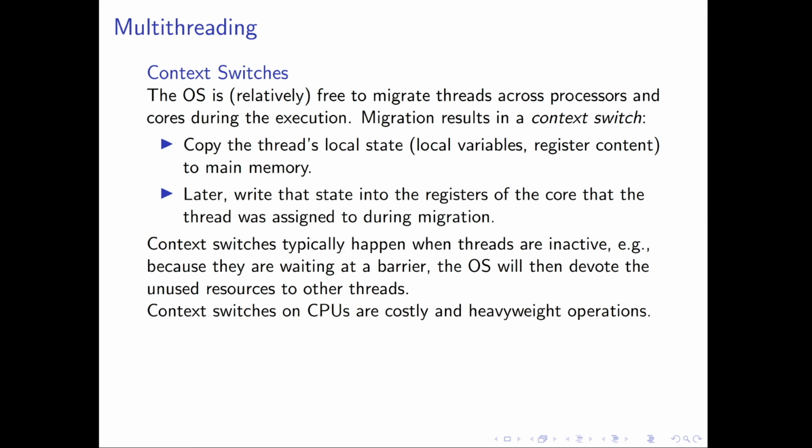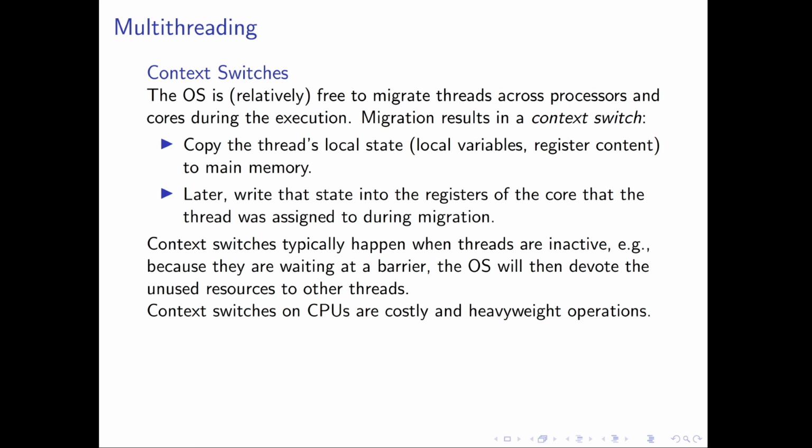Then the operating system might decide to schedule another thread on the core that was just freed by the first thread. So again, copies from main memory to registers, which are very expensive. And during all that time, during the copying and scheduling and rescheduling, no thread can actually perform any work on the core.